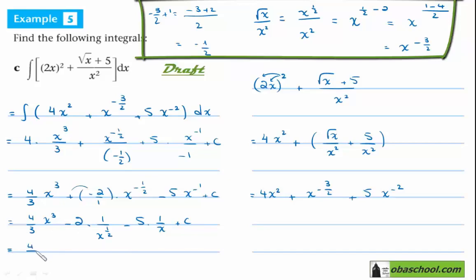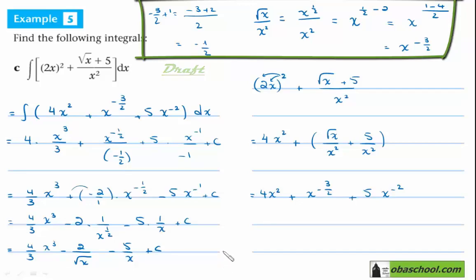This is equal to 4 over 3 x cubed minus 2 multiplied by 1 over x to the power half, which is the square root of x, minus 5 over x plus c. This is then the final integrated answer.